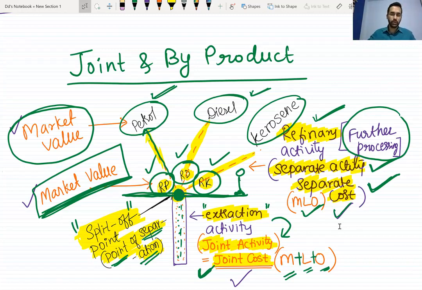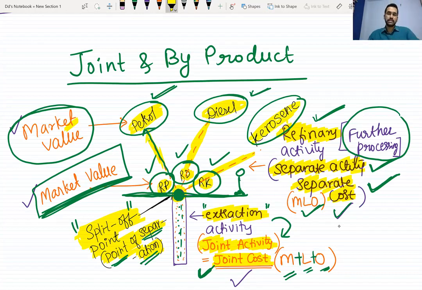Some other company will do refining, or if you have your own factory to do refining, you can do refining, but that will be separate activity, right? For that there will be again separate cost. Correct. Ultimately, once the petrol is ready, you will sell petrol, that is market value here, and then you can sell diesel and you can sell kerosene.